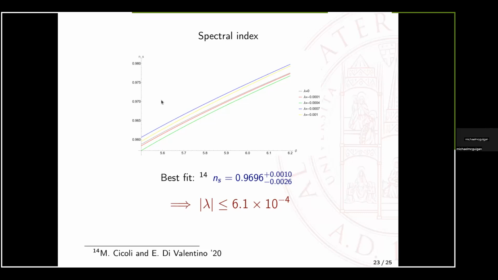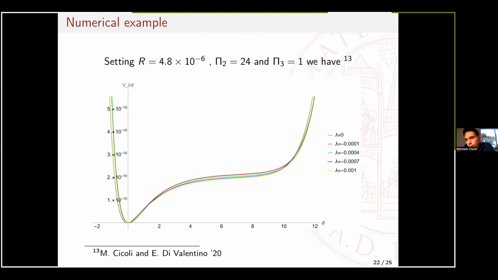Can I add something? Of course. I had a paper in the past with Alexander Westphal and Francisco Pedro, where we actually used this steepening on the right-hand side, because it gives you an epoch of fast roll before inflation. So you have a transition from fast roll to slow roll just before the beginning of inflation.